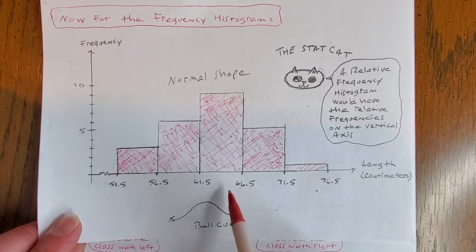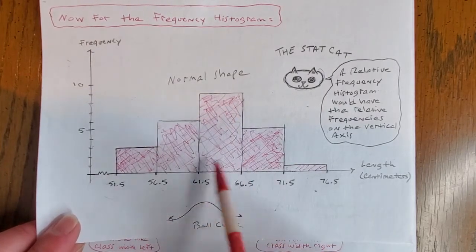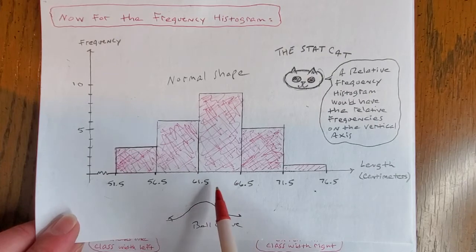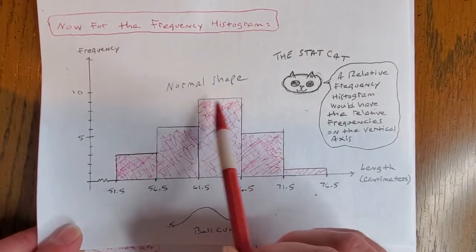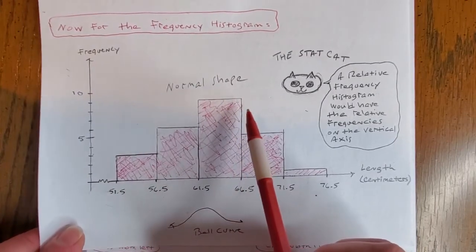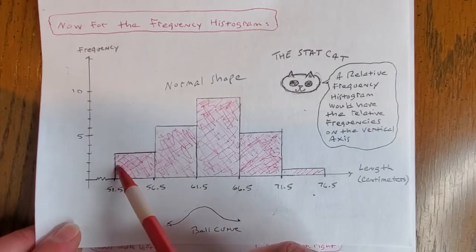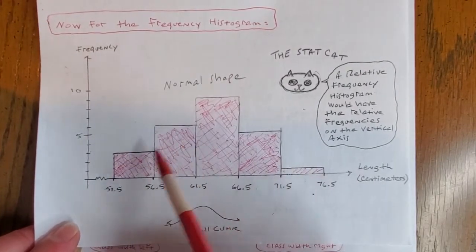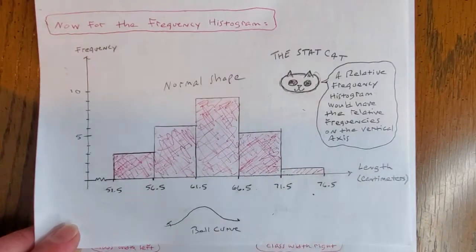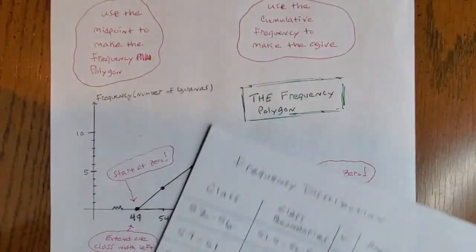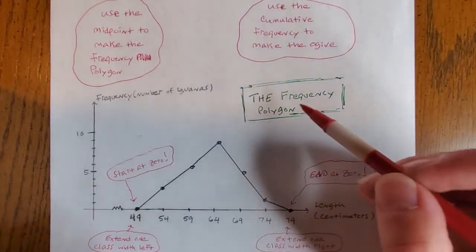It's not like, of all iguanas between 61.5 and 66.5, there were just, whatever that number is, 9 right there. If you measured a bunch of iguanas, they probably followed this rough pattern, but individually their measurements kind of went up and down like a curve or a line. So that's one of the thoughts behind what a frequency polygon is.